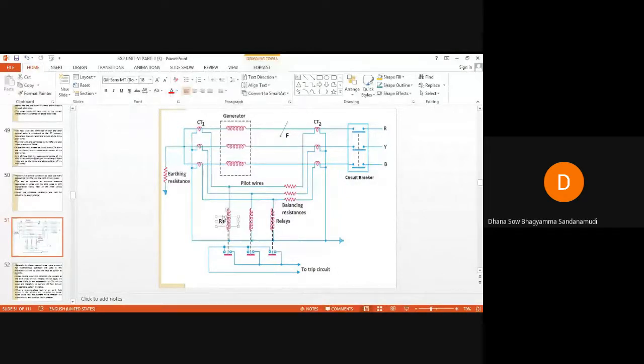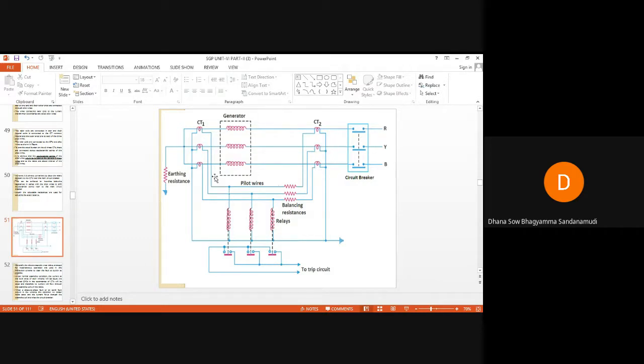Similarly, if a fault occurs between any two phases, let's assume an LL fault has occurred, a short circuit between Y and B, definitely the currents measured by the CTs on both sides will no longer be the same. Hence the EMFs induced across the secondaries of these two CTs will no longer be the same.